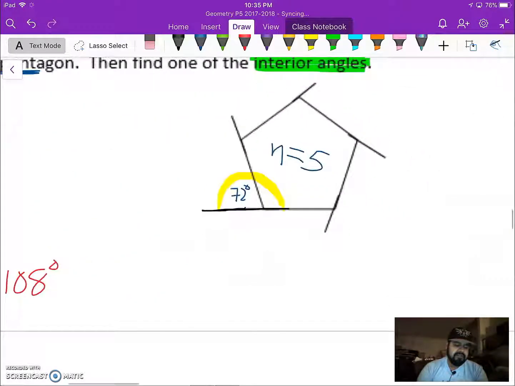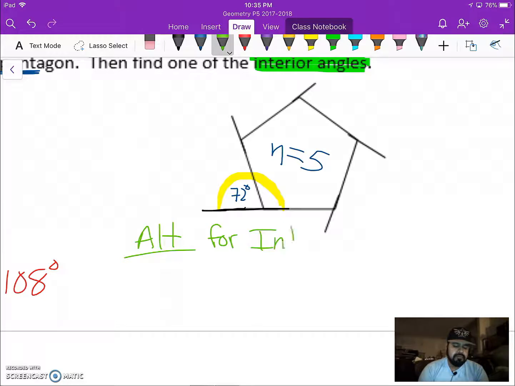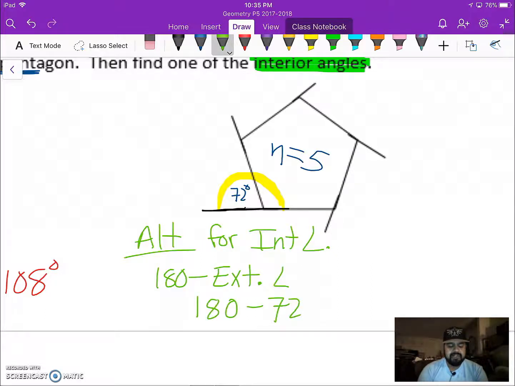So an alternate form for your interior angle, you do 180 minus the exterior angle. Well, that would be 180 minus your 72, which, whoa, look at that, is also 108.